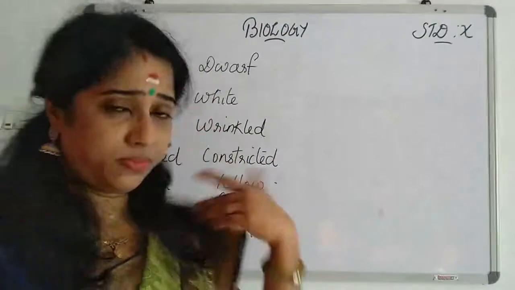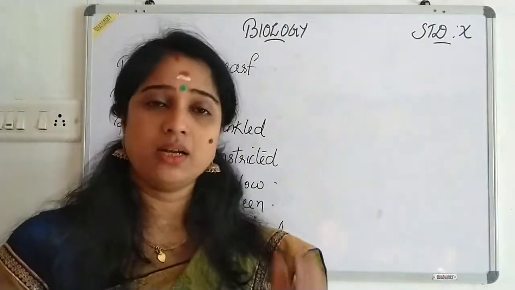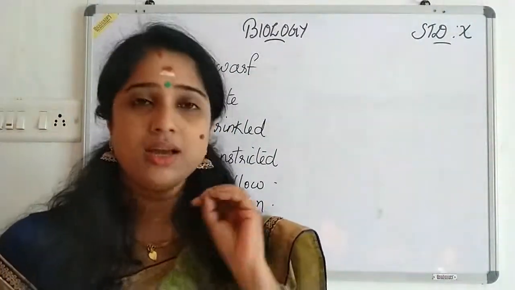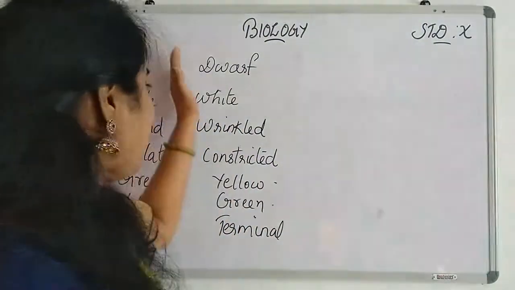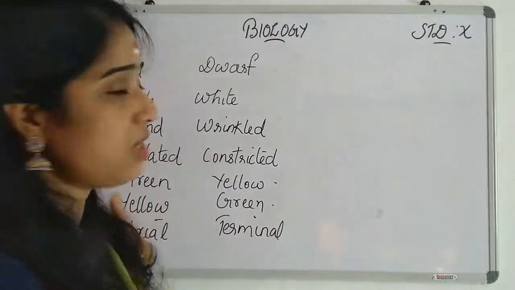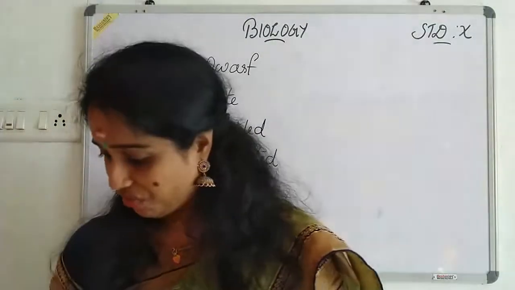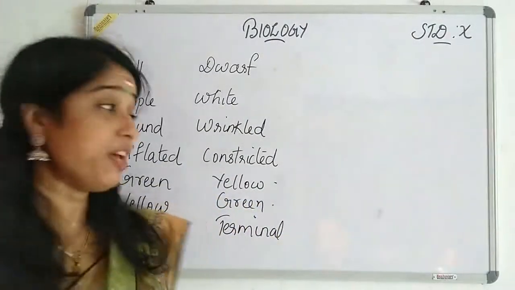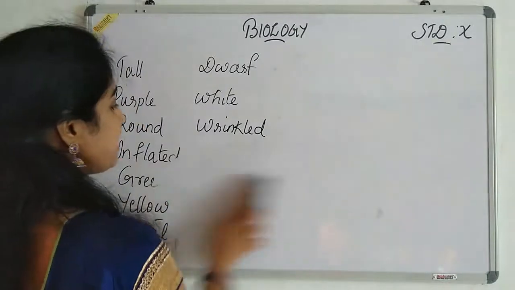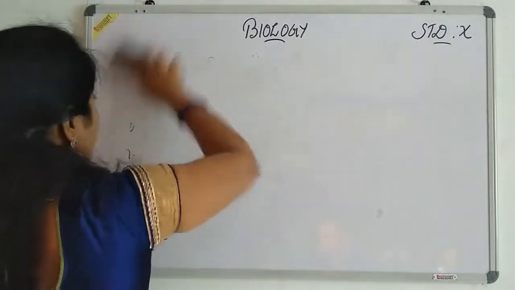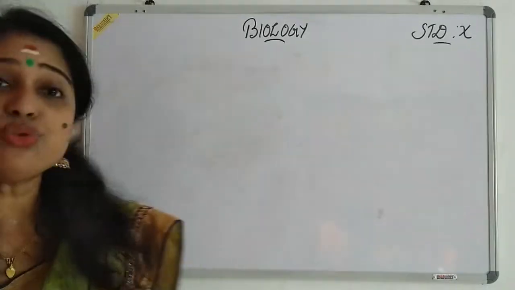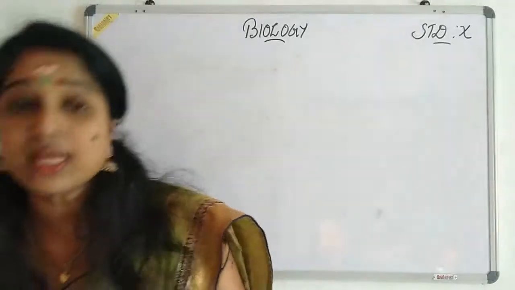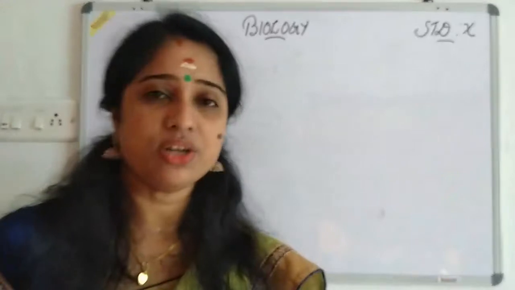And the shape of the seed, round and wrinkled: round is the dominant and wrinkled is the recessive. So likewise among these characteristics, one is dominant and another one is recessive. After doing a lot of experiments, Mendel reached the conclusion that only one character among these 2 is dominant. That means it appears in the first generation.